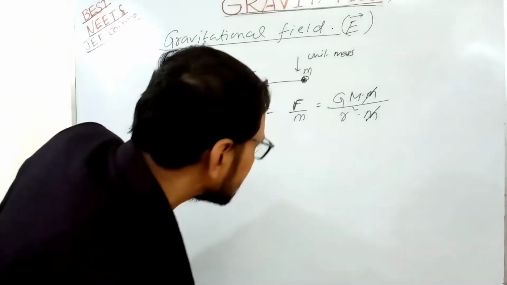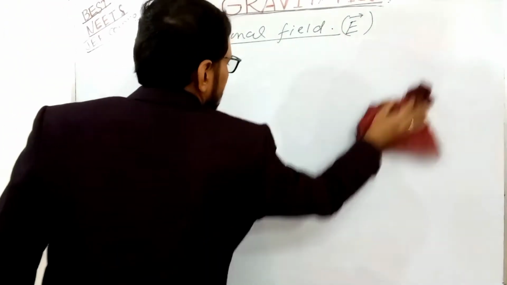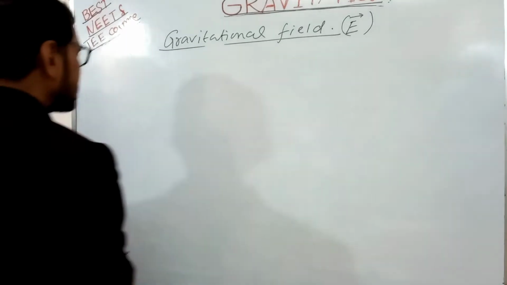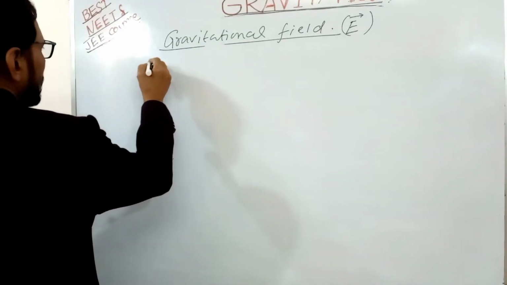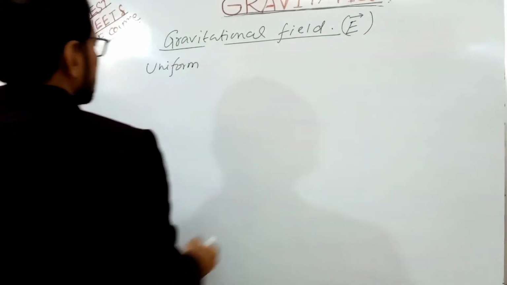Okay, now next, what is the gravitational field due to different objects? First, a uniform spherical shell.